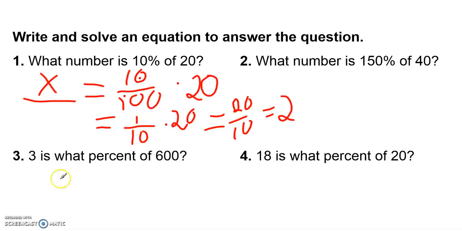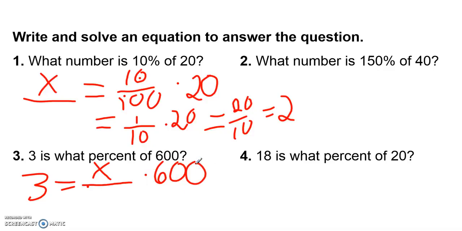Okay. So, and then I'll do 3, and you guys can do these 2. So 3 is, we don't know the percent, so I'm going to put x of 600. So I have to divide by 600, divide by 600.